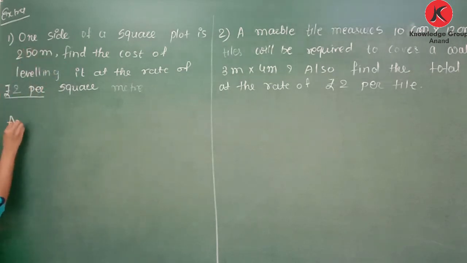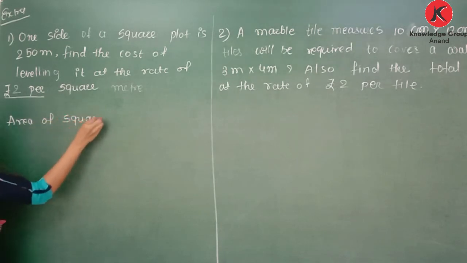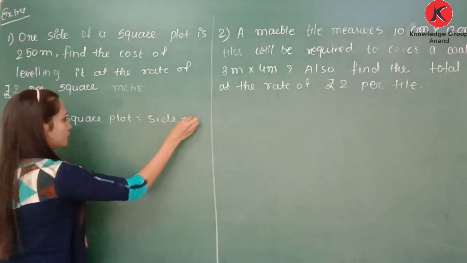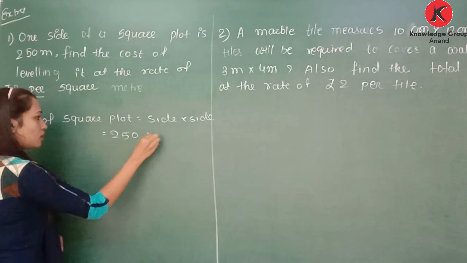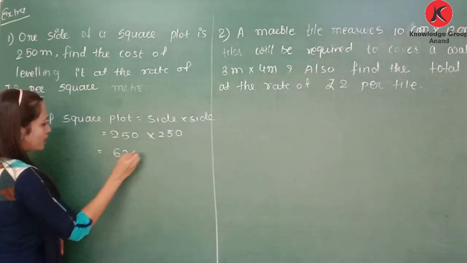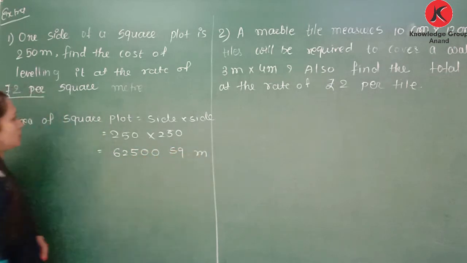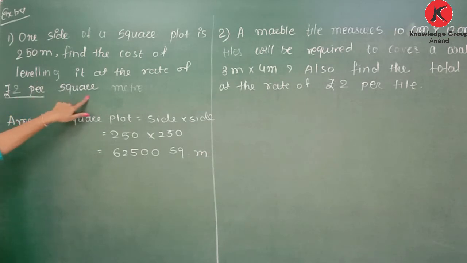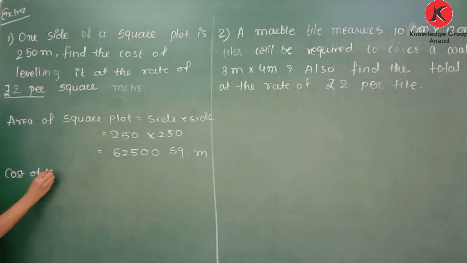So area of a square plot, that is side multiply side. Side is 250. Now multiply 250 with 250, it is 62500 square meter. The rate is 2 rupees per square meter. So we can find the cost of leveling.